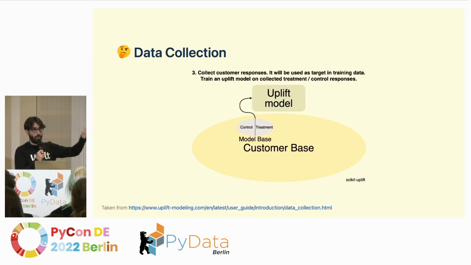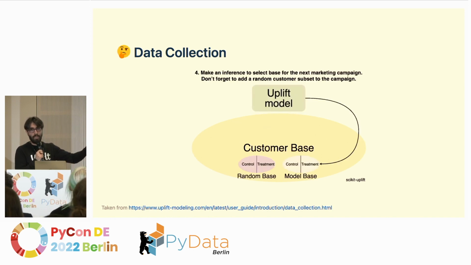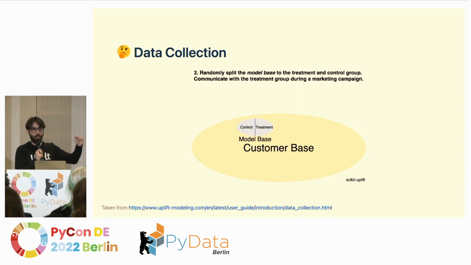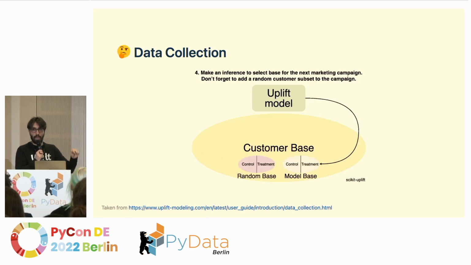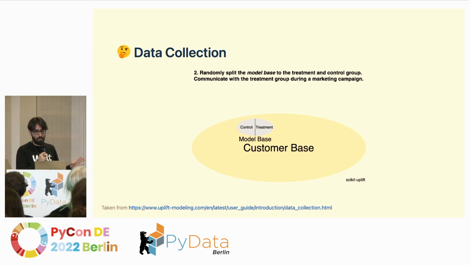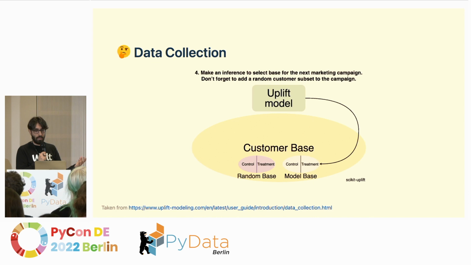And then for a future campaign, of course, you don't want to make the same mistake of targeting the don't-disturb users. You are going to use the prediction of this uplift model to target specific users which you expect, based on historical data and lookalike features from your covariate matrix, to react positively to your treatment.